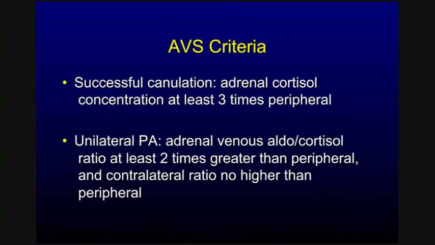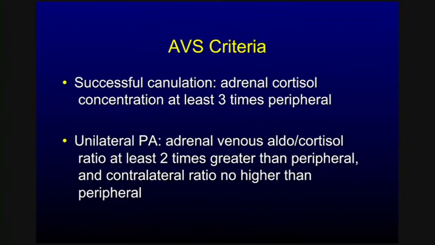For adrenal vein sampling, our successful cannulation criterion is an adrenal venous cortisol concentration at least 3 times peripheral venous. And our criterion for unilateral primary aldosteronism is that the adrenal venous aldo-cortisol ratio is at least 2 times greater than the peripheral venous aldo-cortisol ratio, and the contralateral ratio is no higher than peripheral, what we call contralateral suppression.